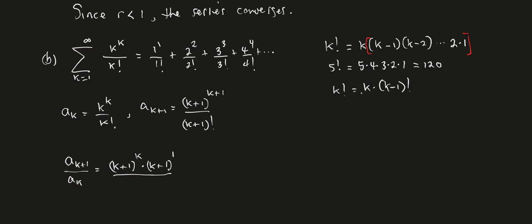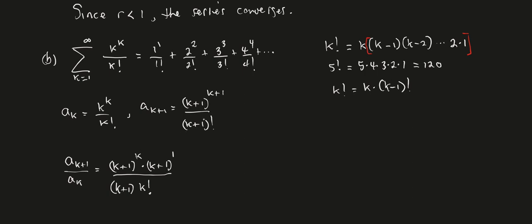So I'm going to apply this property and write this factorial as k plus 1, so that will be the first integer in my product, but then I would have k times k minus 1, k minus 2, all the way down to 1. So that would actually be k factorial. That's this.